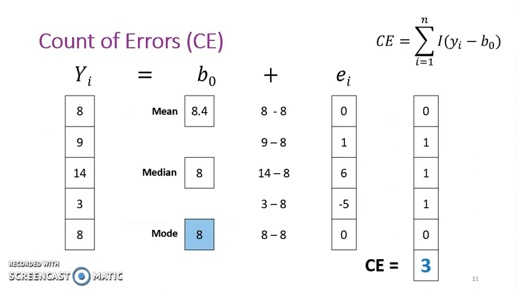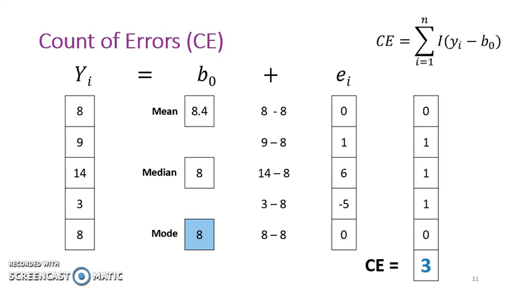Let's look at how these types of errors are calculated with their best estimators using the previous example. We know the best estimator of B0 for the count of errors is the mode. So the mode here is highlighted in blue. The column under the plus sign uses the mode to calculate the difference between each score and the mode.